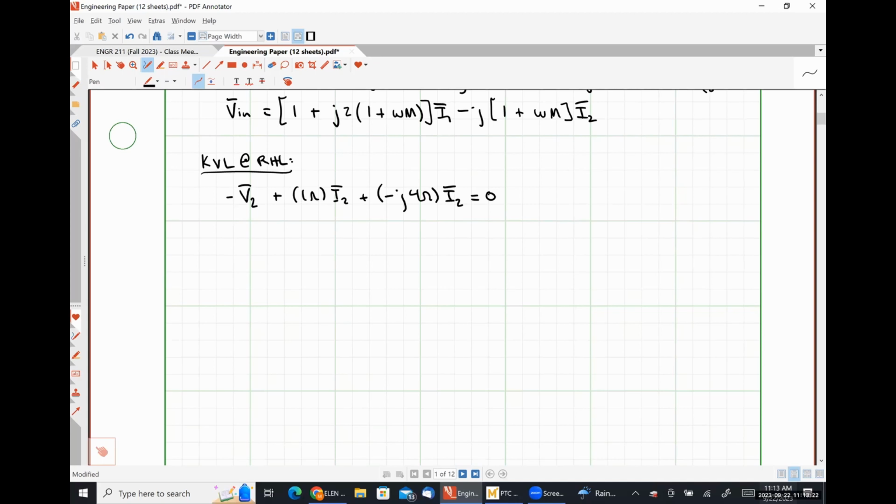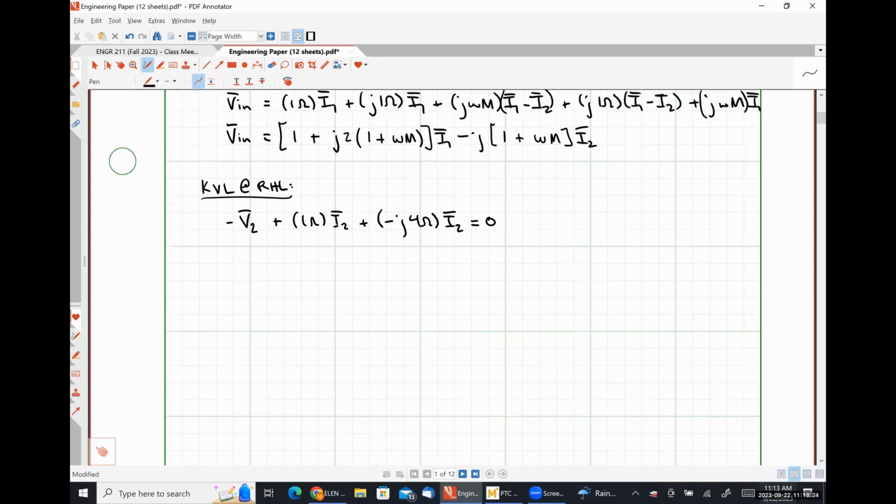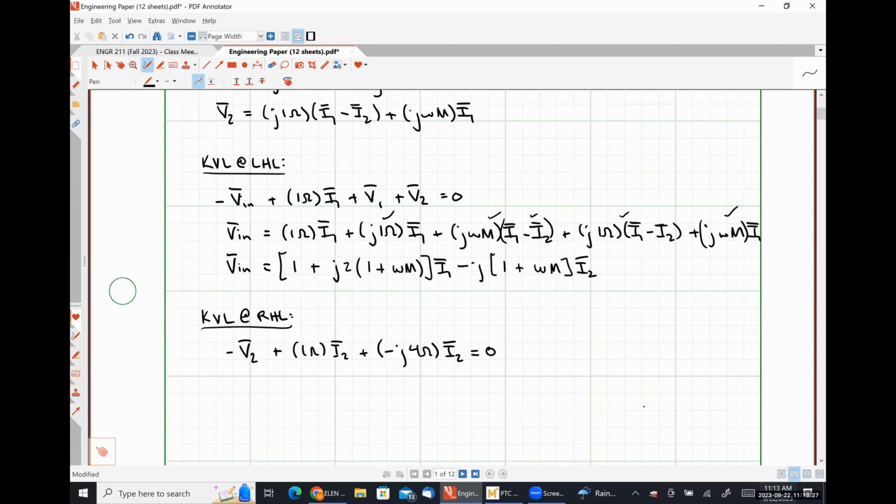And now I'm going to substitute things in yet again. So negative V2 is going to look like negative J1 ohms times I1 minus I2 minus J omega M times I1, plus 1 ohm times I2 plus negative J4 ohms times I2 is equal to 0.